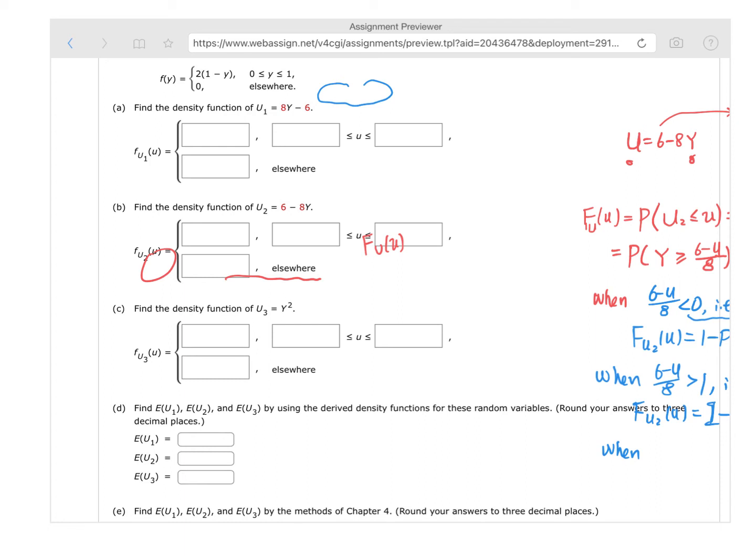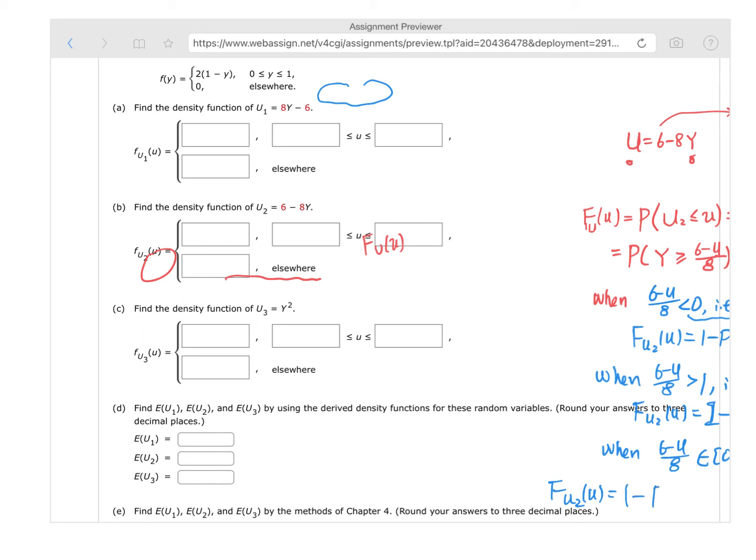Now the very last piece is when (6 minus u) over 8 is in between 0 and 1. When this is between 0 and 1, your u is in between negative 2 and 6. And this is where the PDF of y comes in.